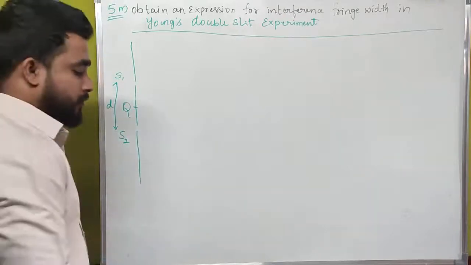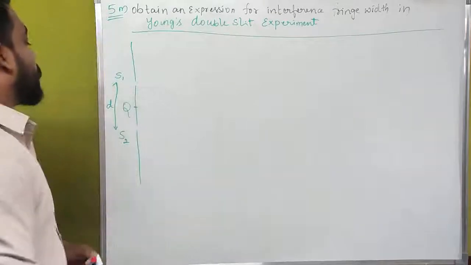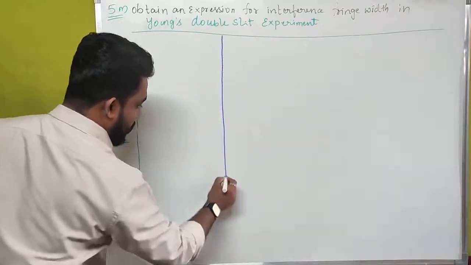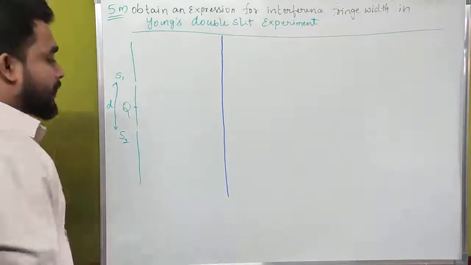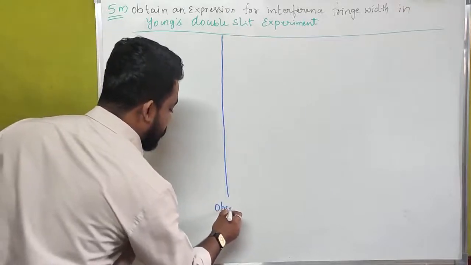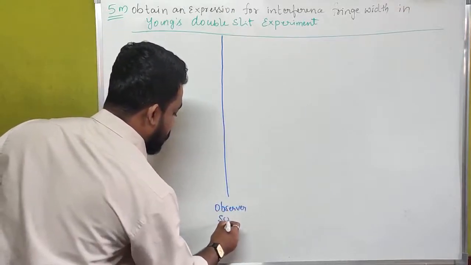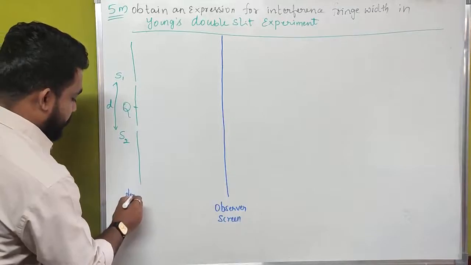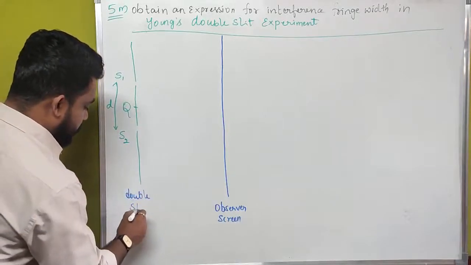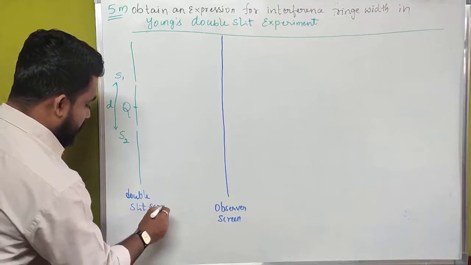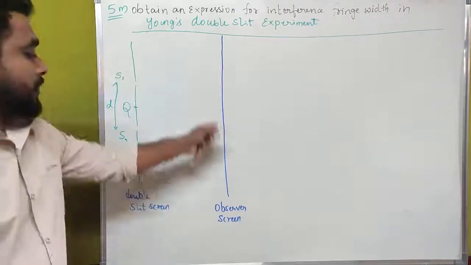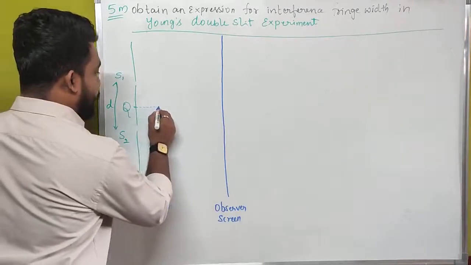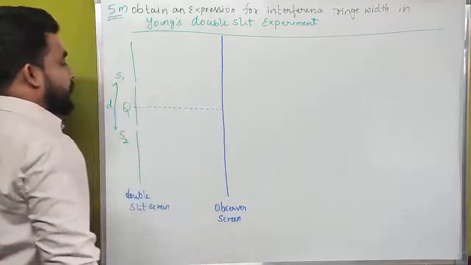The center of these two slits is Q, and we have to assume an observation screen. This is the double slit screen and this is our observation screen. This point is the midpoint of the bright fringe.